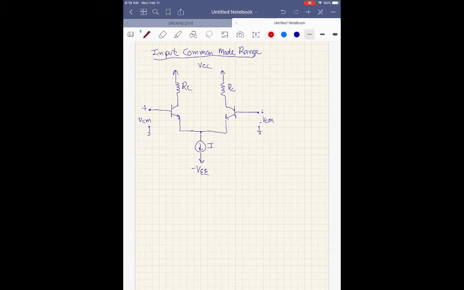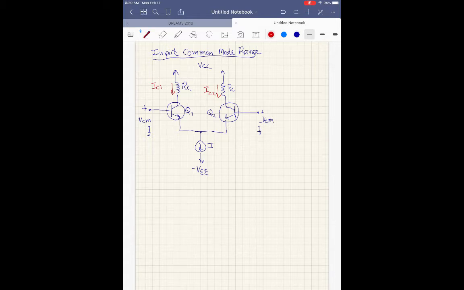Let's just put some sort of general designations in here. We've got IC1, collector current for Q1, IC2, collector current for Q2. I forgot to put circles around these, and I forgot to label them Q1, Q2, okay.